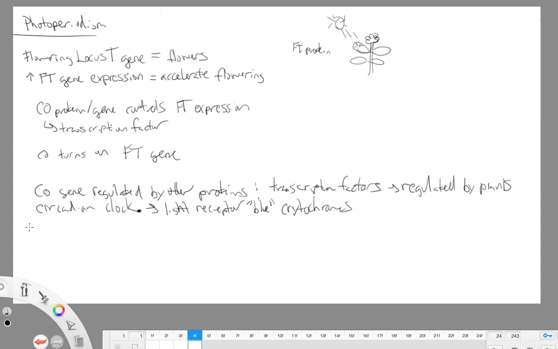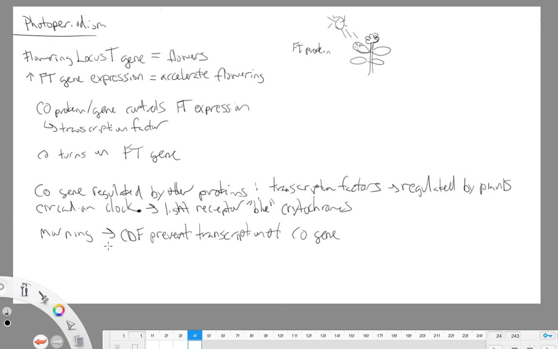So to get more specific, what's happening is in the morning, there are other transcription factors that are produced called cycling DOF factors, or just CDFs. And these CDFs prevent transcription of the CO gene.